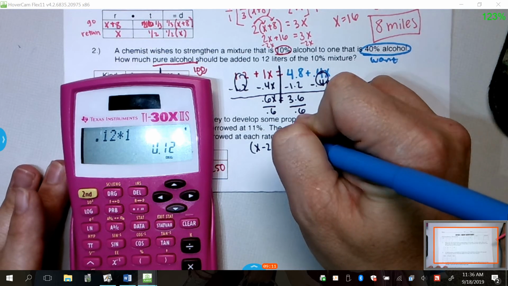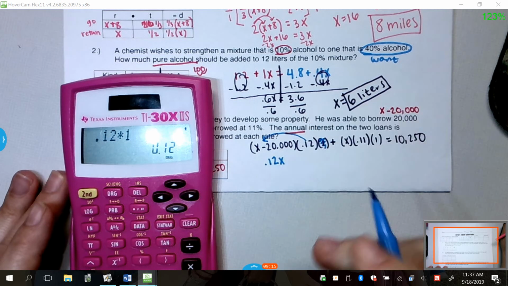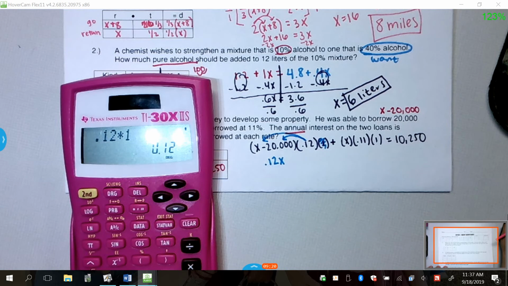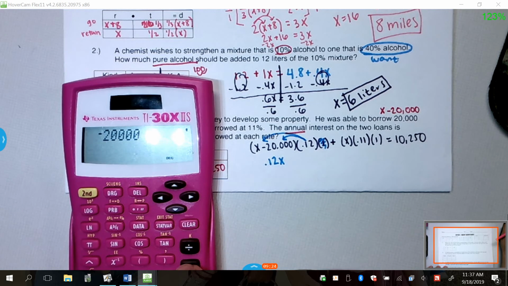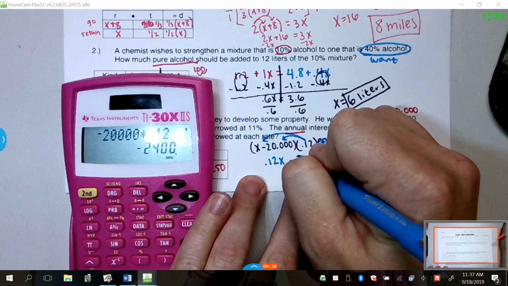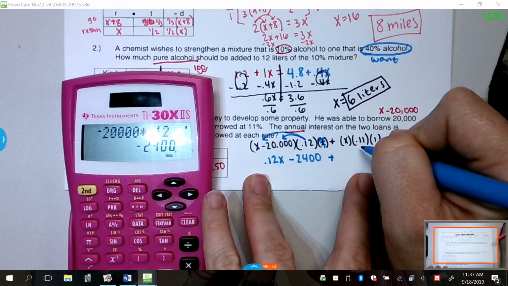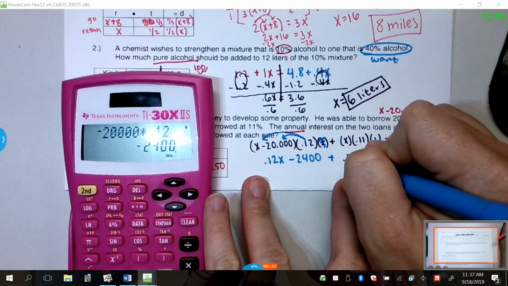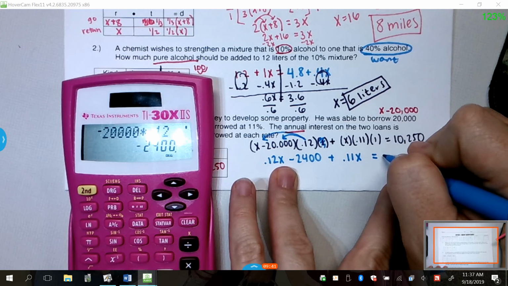So 0.12 times x gives me 0.12x. Now 0.12 times negative 20,000 is negative 2,400. Plus 0.11 times 1 is 0.11, so 0.11 times x is 0.11x, equals 10,250.